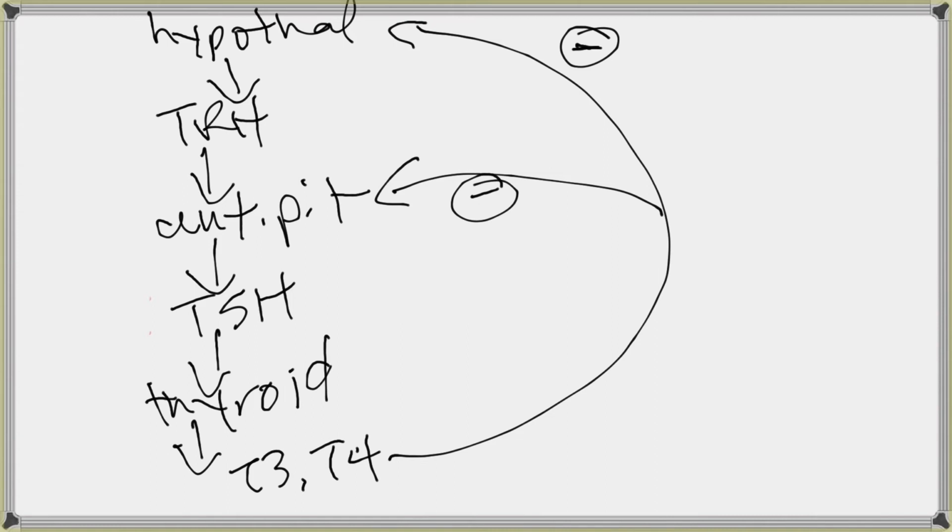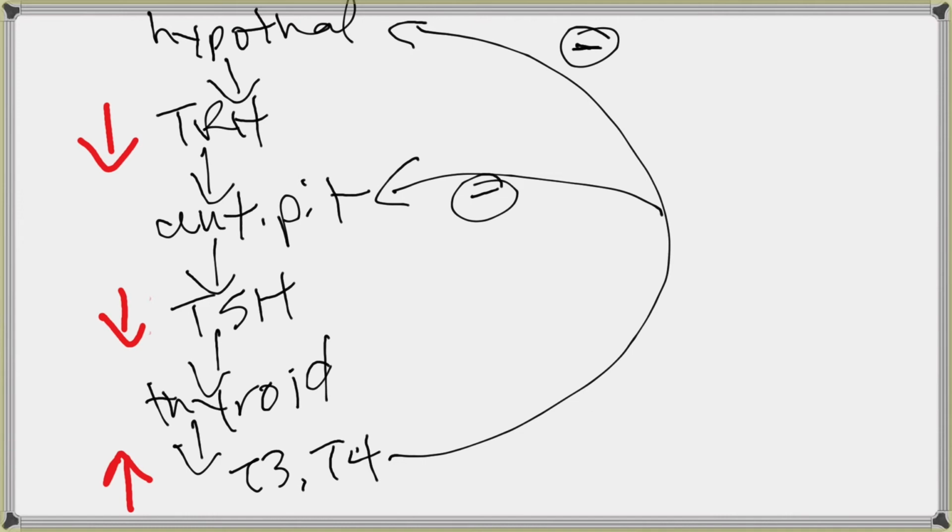You've got sleeplessness and weight loss and anxiety and hair loss and all of that kind of stuff. And you go in and you measure and you say, okay, my level of T3 and T4 is high. But interestingly, my level of TRH and TSH are both low. And so you're like, okay, it's just a primary hypersecretion.